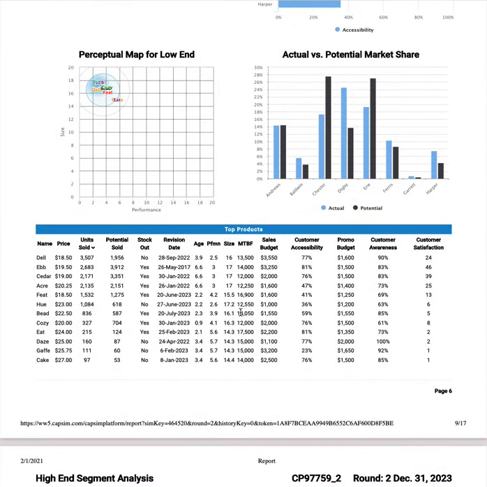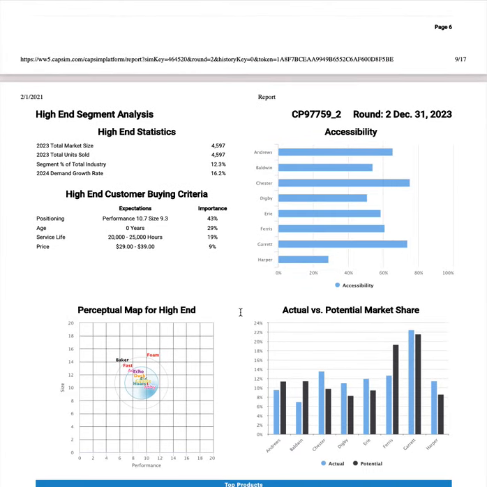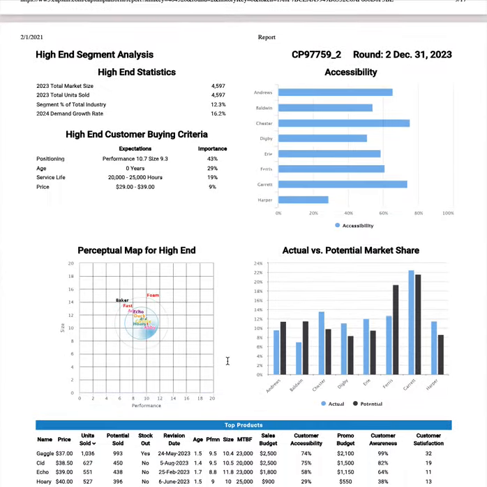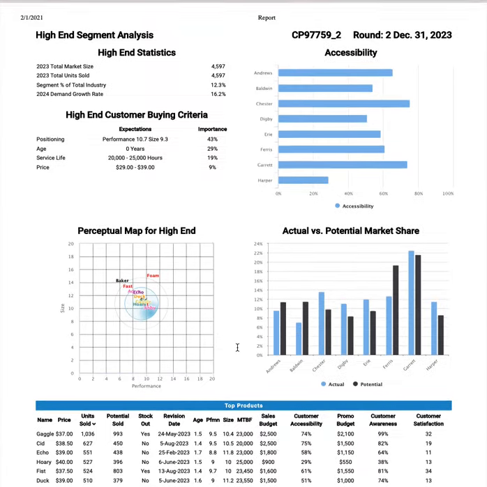Okay, so on and so forth, just analyze each segment analysis, and then you can see high end is growing like 16%, much higher than other market segments. What is important, positioning and age play a huge role here. So you need to pay attention to that.